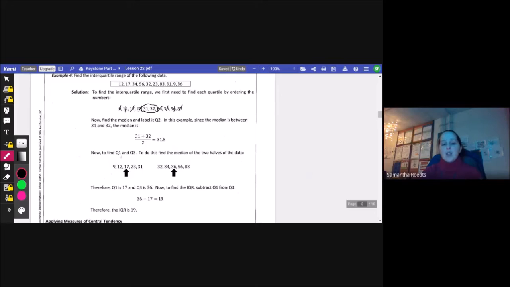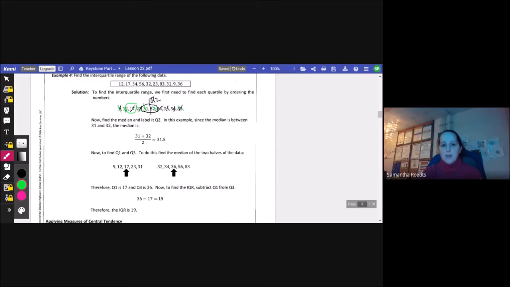Okay. Now I find Q1 and Q3. To do this, I find the median of the 2 halves of the data. So right here is Q2. Okay. So this is my first half of data and this is my second half. So when I find this, this is my first number.